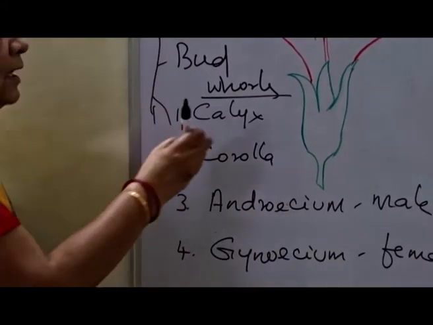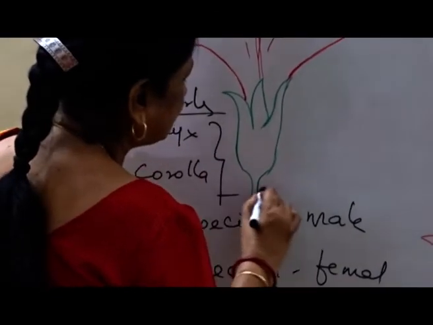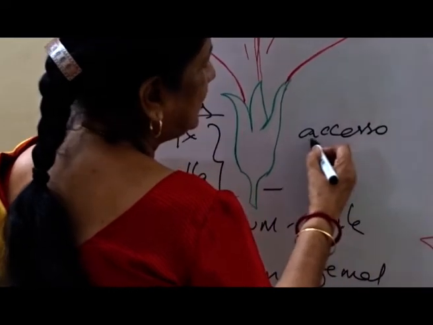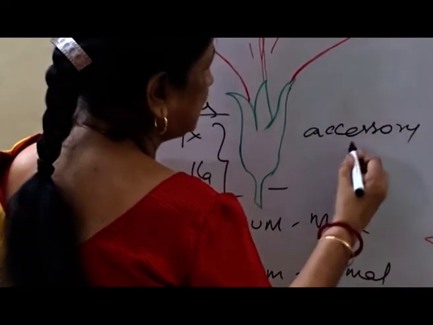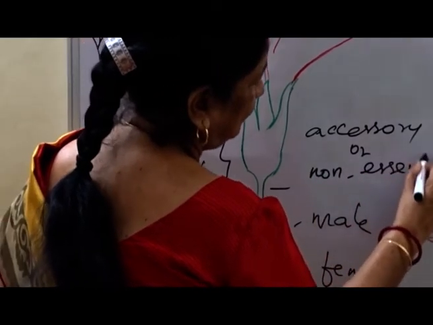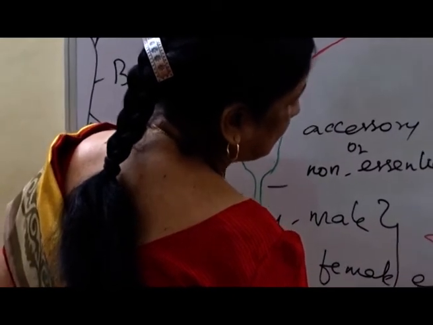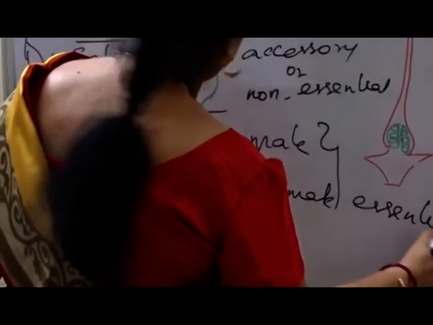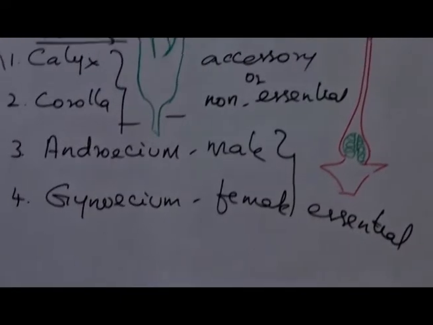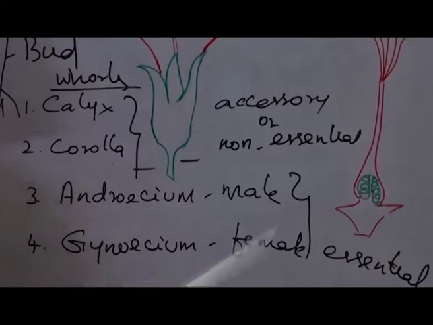So now the calyx and corolla are called the accessory whorl, or non-essential whorl, whereas these are the essential whorl. I repeat, calyx and corolla are the accessory whorl, and androecium and gynoecium are the essential whorl.